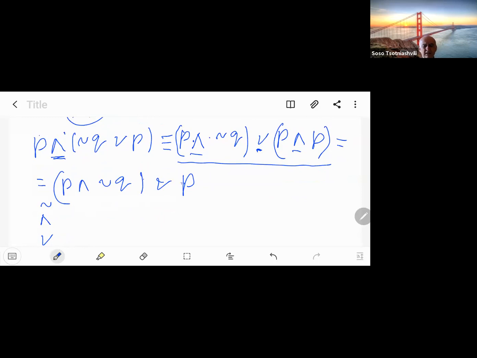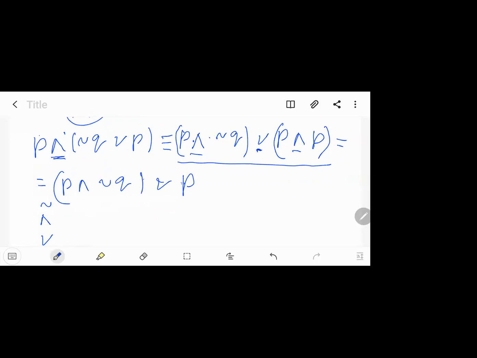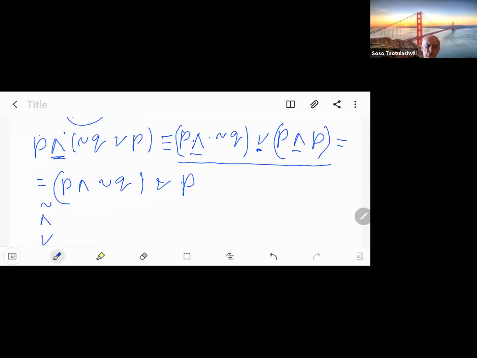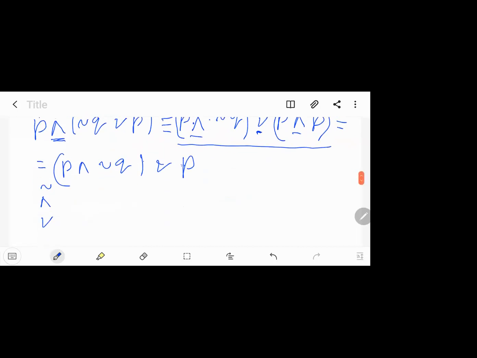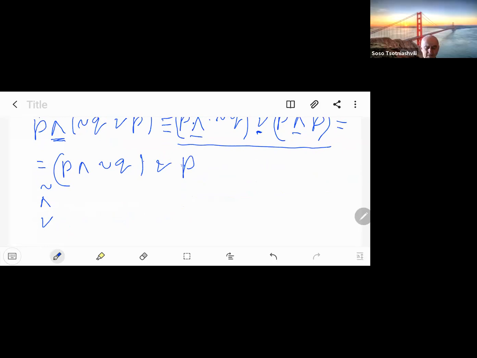Okay, how can we continue? Any idea? We can write P. Please try now to solve it yourself and tell me if you get the answer P. Can we just look at the absorption law and say logically that it's not true? Oh yes, I agree.